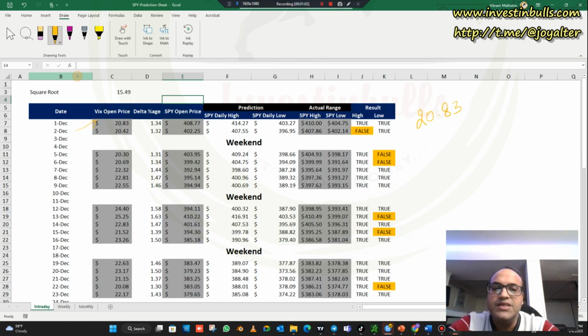In this particular case, it is 20.83, and then you divide by 15.49. Once you do that, you get a value of 1.34 in this particular case.